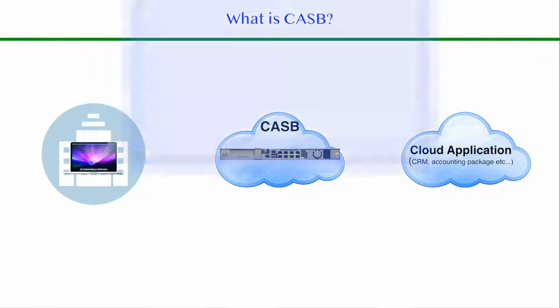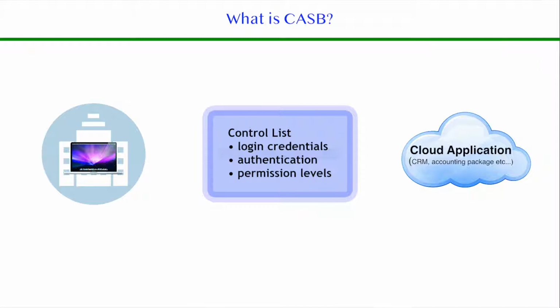A control list is created containing all of the login credentials for every user. The appliance should take things a step further by using different permission levels for different users. If a guest is unable to meet specific login credentials, then of course the access is denied.